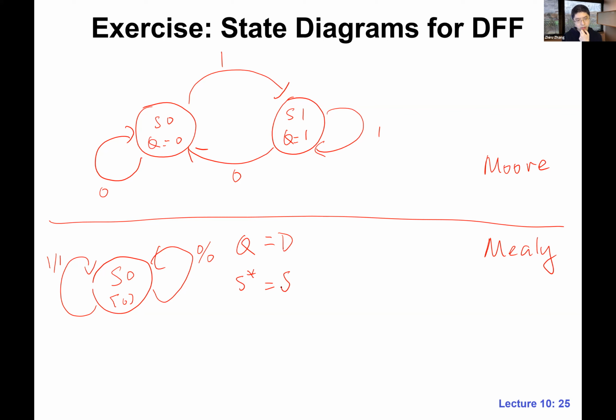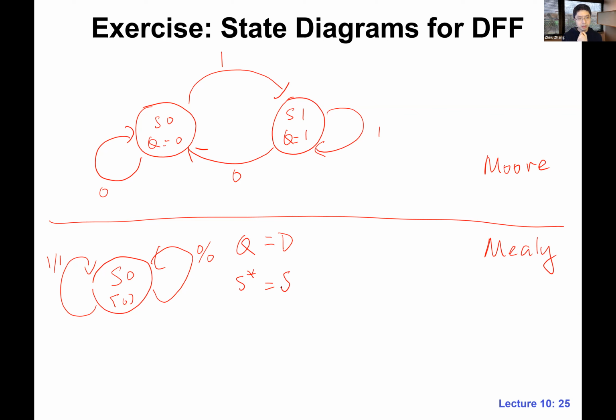What does this do? How can we change state for this DFF? Hopefully, this looks worrisome to you guys, right? This doesn't seem correct.